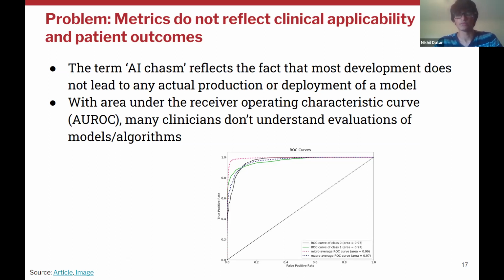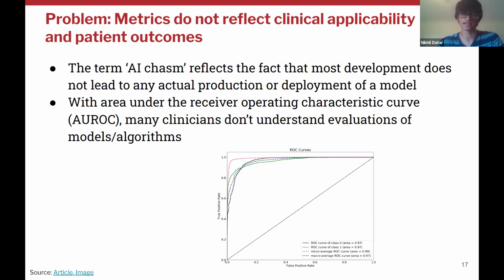While the machine learning community has gotten used to using this metric in all kinds of research, physicians don't often encounter this. And so there have actually been studies showing that many of them don't understand what it means and how to interpret results when given a model that is determining outcomes based on metrics like the AUROC.